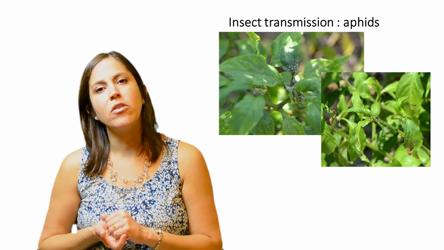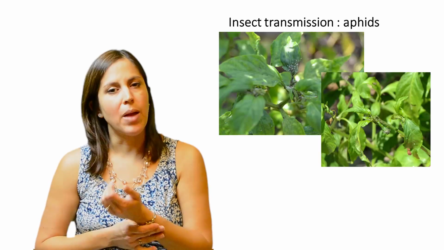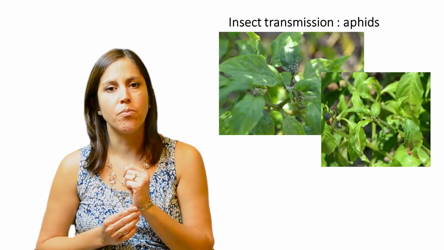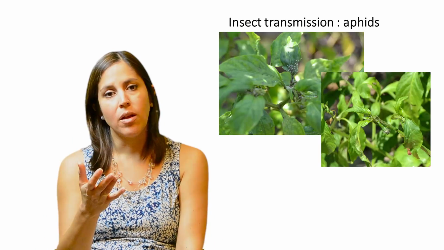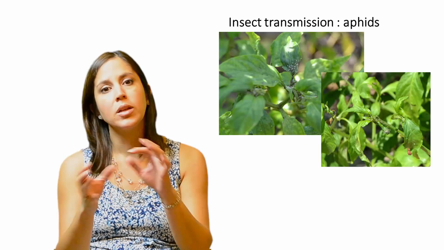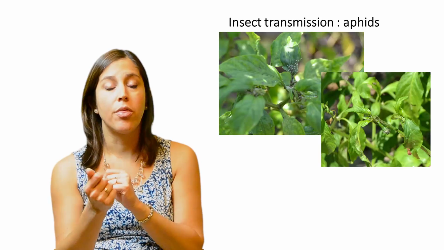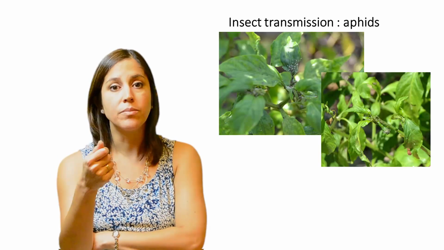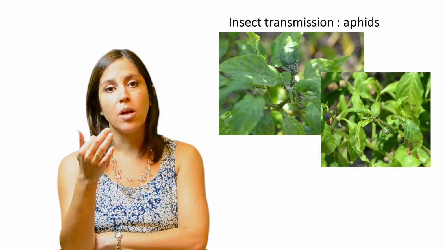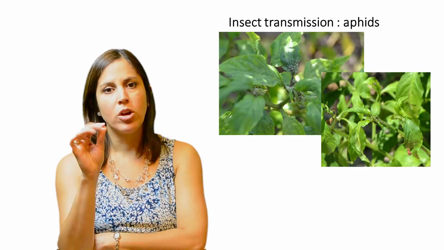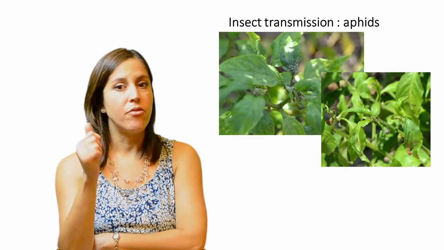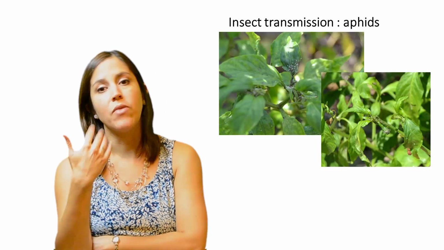Viruses in general can be transmitted by insects. In this case, I have some pictures of aphids. When I was out there looking at the field, I saw that some of these leaves contained some debris, some secretion from aphids, and aphids can transmit viruses.